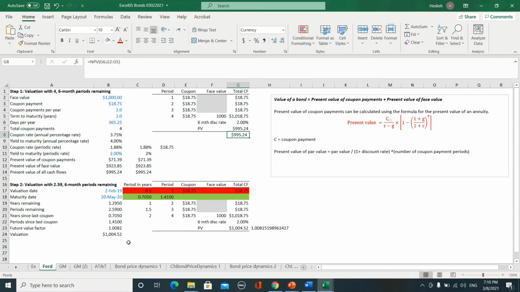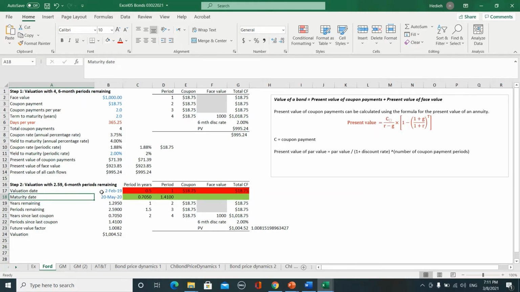Assume that for the same bond, they tell you to consider that each year has 365.25 days. This is an assumption that we are making in this example. And then you are told that the valuation date is February 2nd, 2019, and the maturity date is May 20th, 2020.